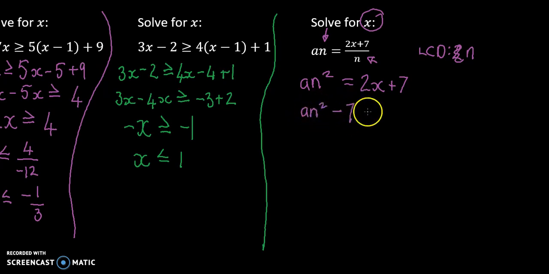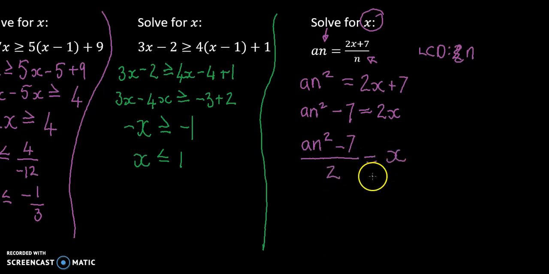Of course, this just looks like we've moved 7 to the other side and changed what it's doing, not what it is. Now, 2 times x, we want to get rid of that. So we're going to divide both sides by 2, but once again, it looks like we're just moving it across to the other side. And there we go.